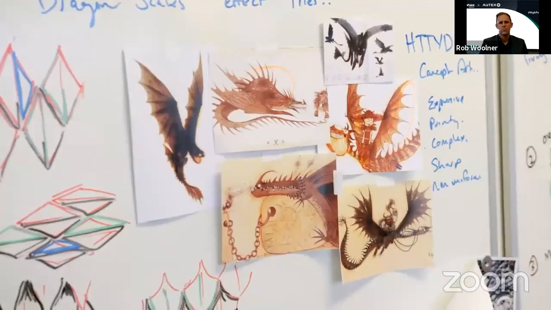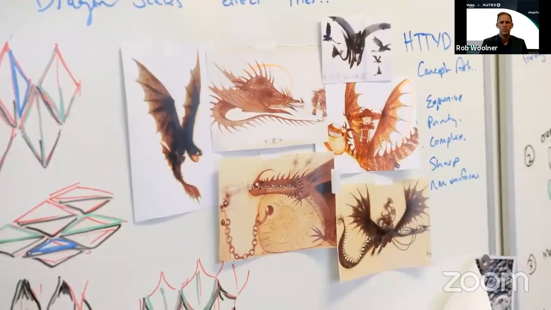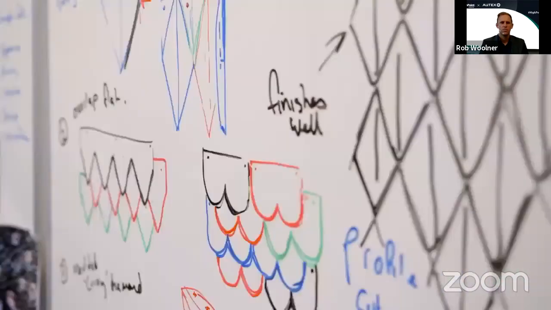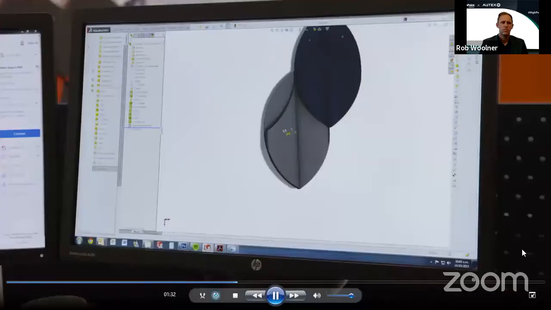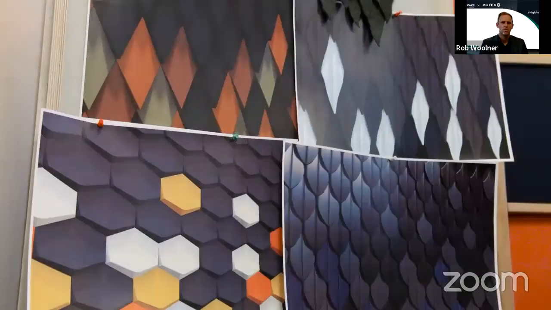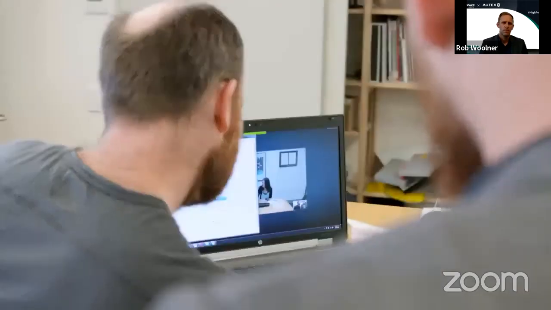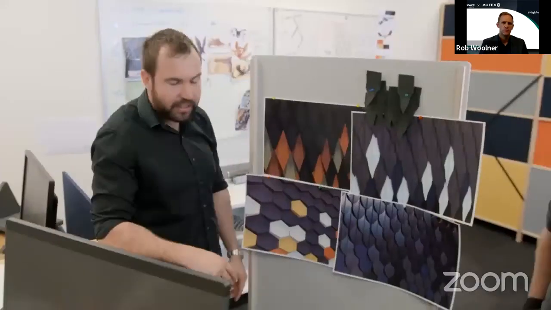We selected 4 types of scales in different dimensions to give a broad concept selection, and then refined them with CAD models, and then presented them. It was a unanimous decision by the selection committee.